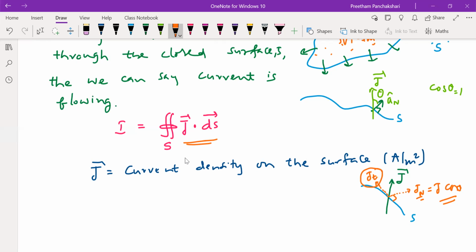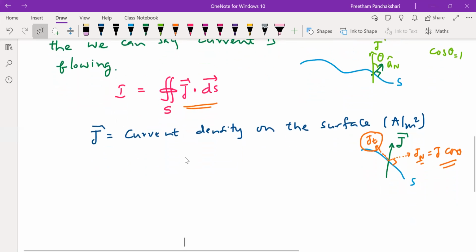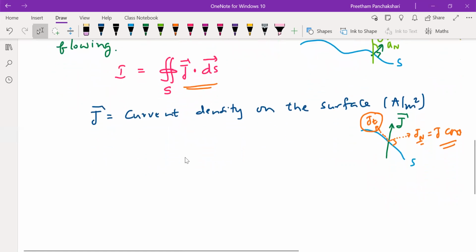Now, according to the conservation principle of charge, when the current is flowing out of the closed surface, the amount of charge enclosed by the surface decreases with respect to time.